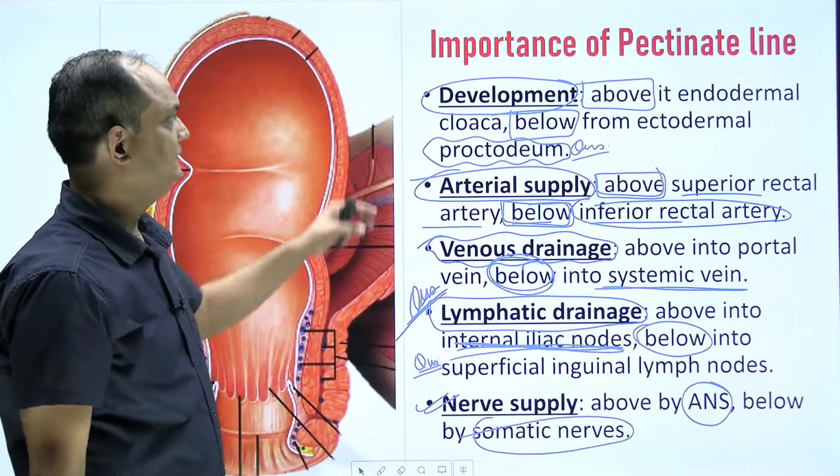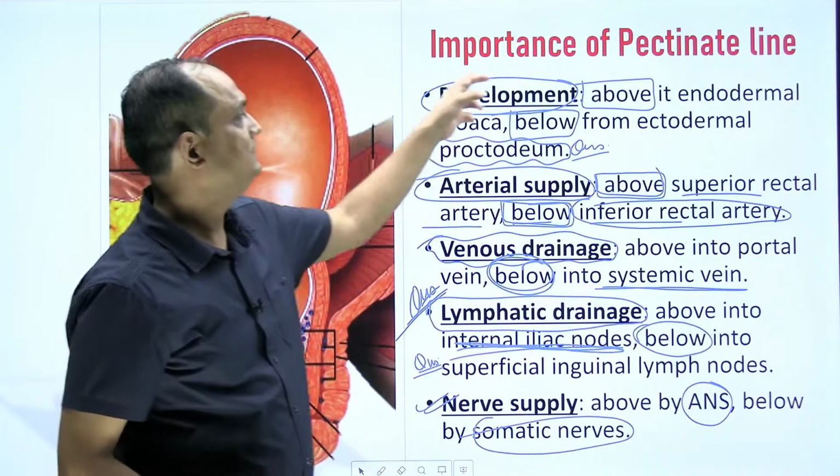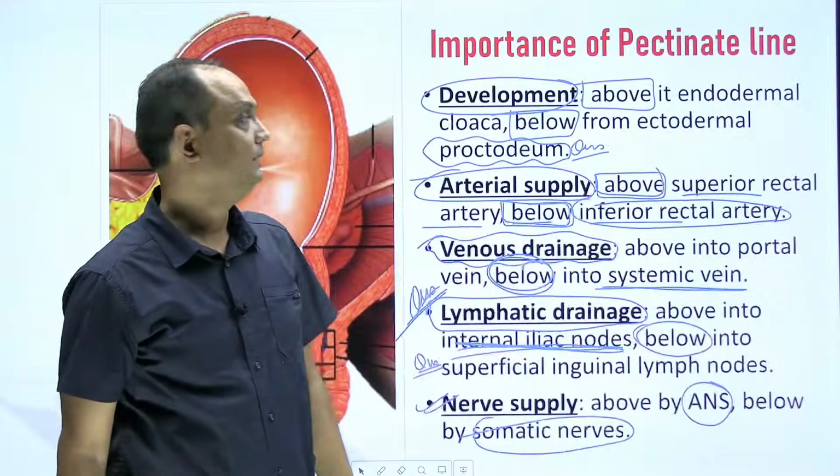Clear? So, these are some very important differences on the basis of this line of demarcation, which is known as the pectinate line. Now, at the end of this session on the internal anal canal, you are able to understand the three different areas of the anal canal, and how to divide the superior, middle and inferior parts of the anal canal.